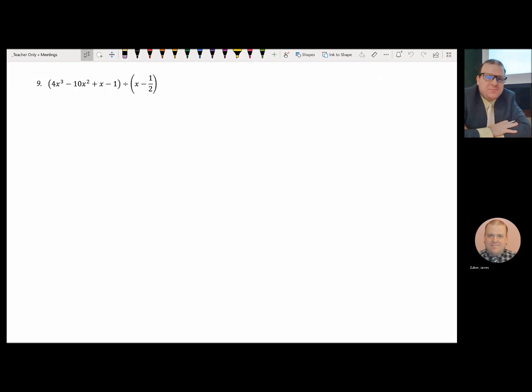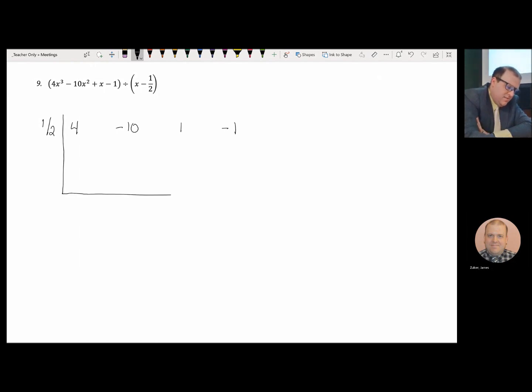Can we use synthetic? What is A? Coefficients. Four drops down times a half.